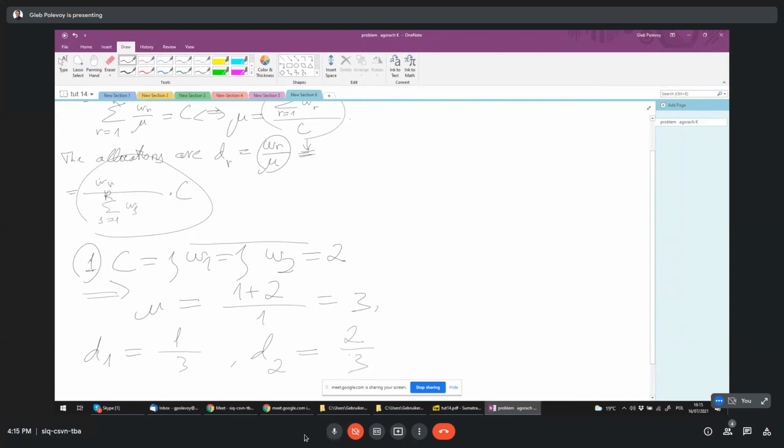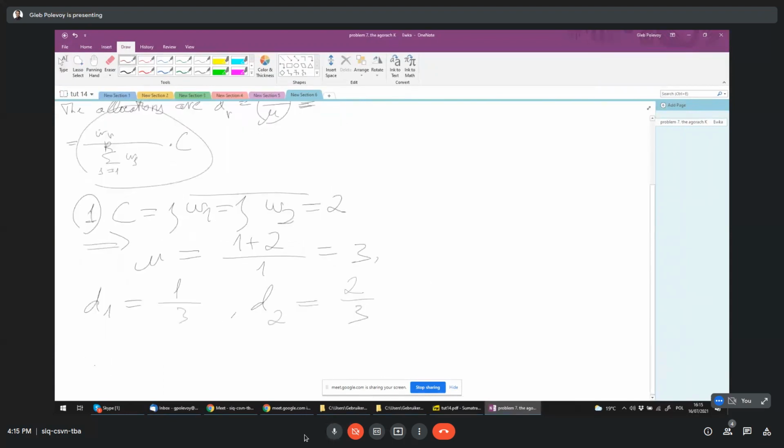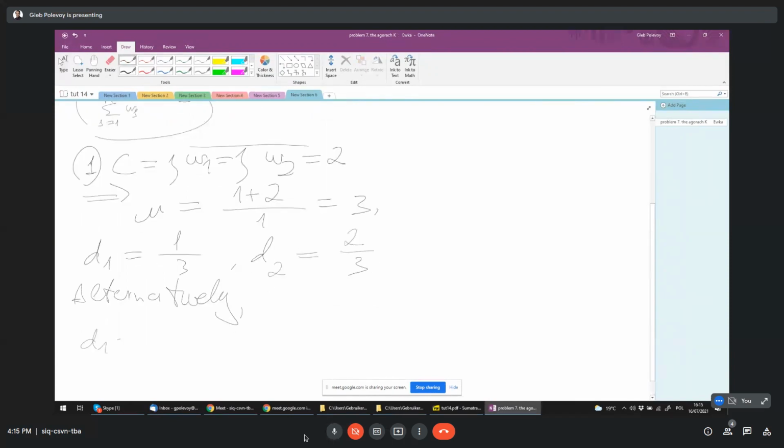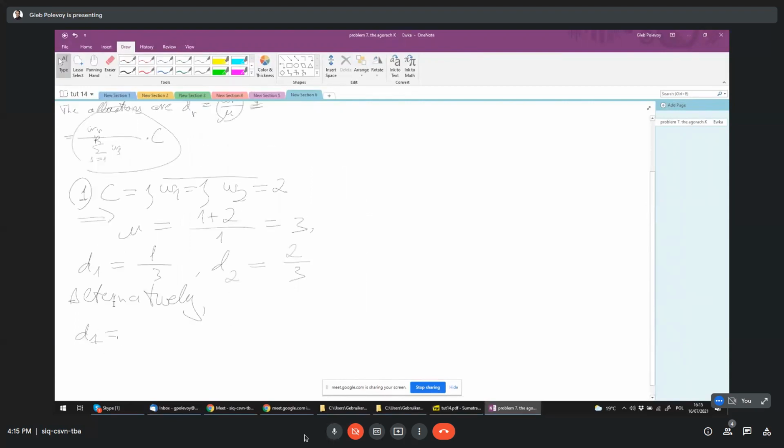Or another thing, alternatively, let's first calculate the first example in two ways. Alternatively, D1 is equal to the ratio of W1 to the sum of the W's times C, which is again 1 over 3.